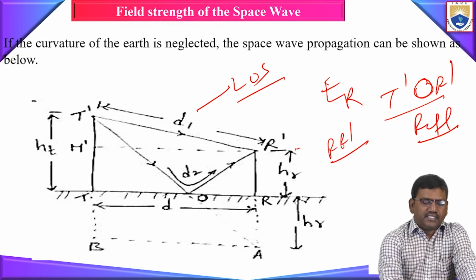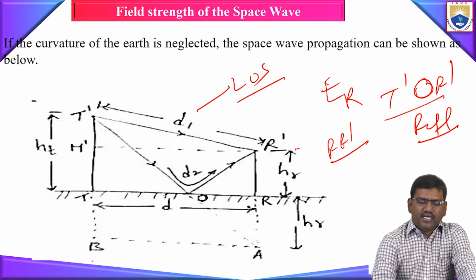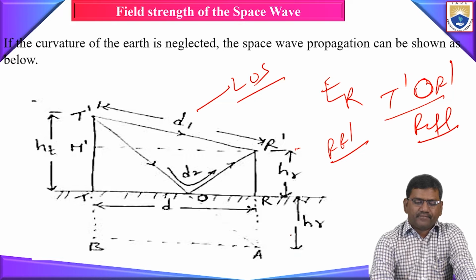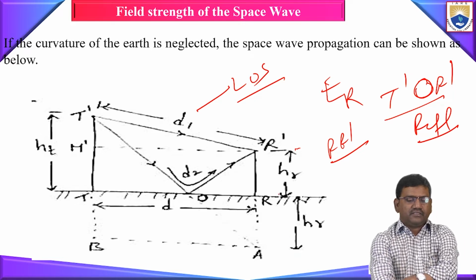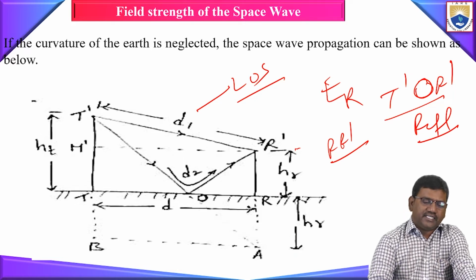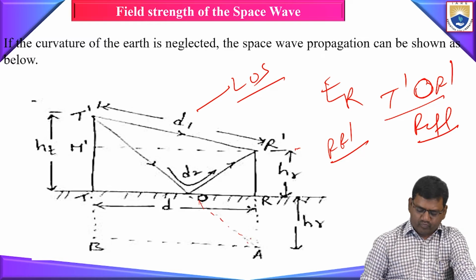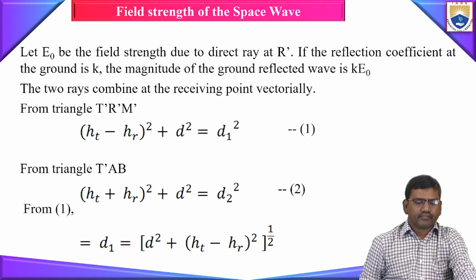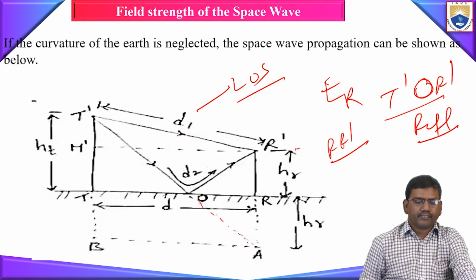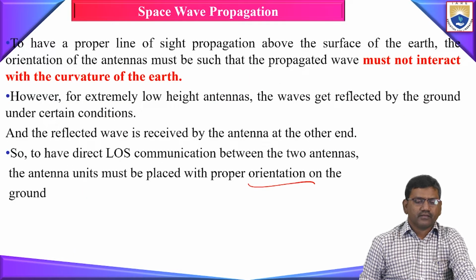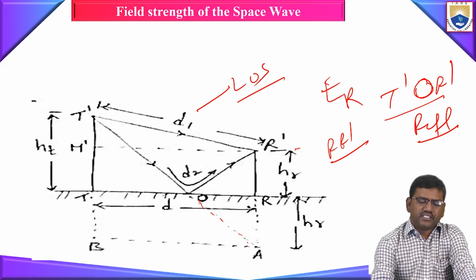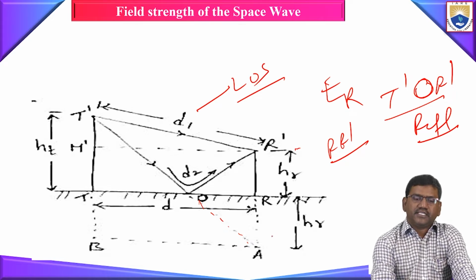So let us extend T dash T to B. Let us extend R dash R to A. We can also extend T dash O to A. So D1 is the direct path.